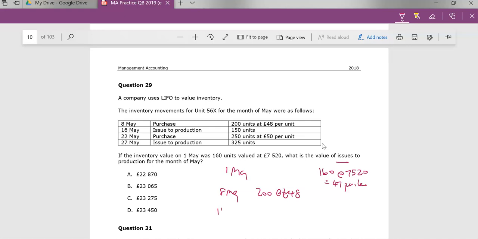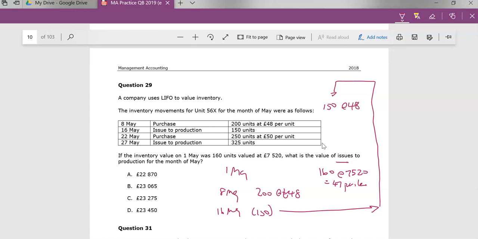Then on the 16th of May you issue out 150. So there are 150 items that leave. I haven't given myself enough room, so I'm just going to put this up here. You have 150 items that have been issued, and those are at £48, right?